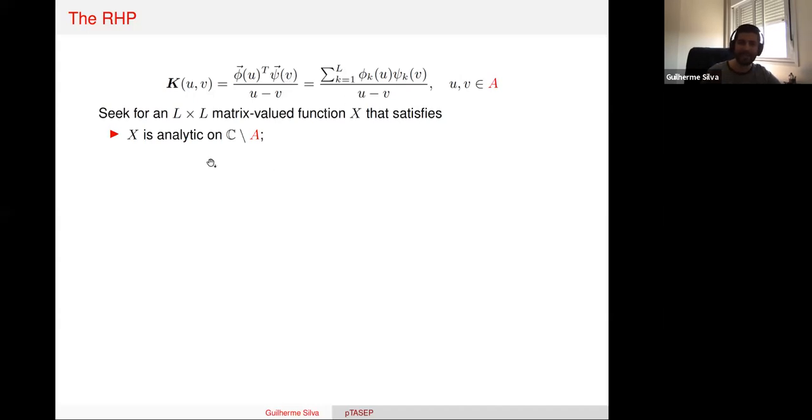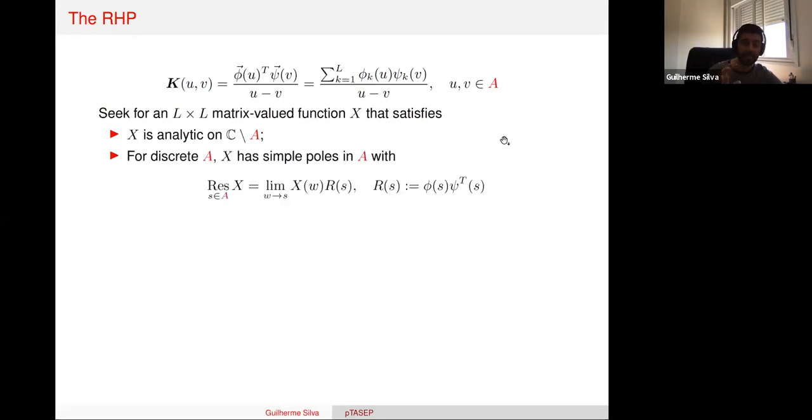But anyway, in the general case, just look for an L by L matrix valued function X which is analytic. So the entries are analytic everywhere on the plane, except at the set A, where your kernel is acting on functions defined on that A. And then there are two distinctions.